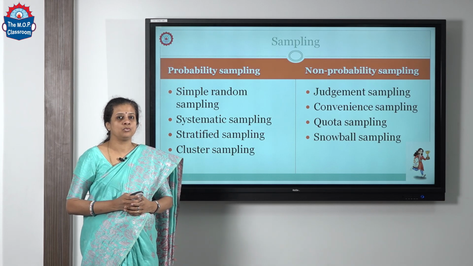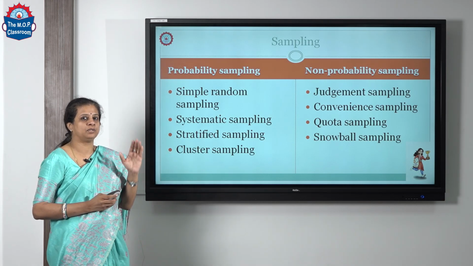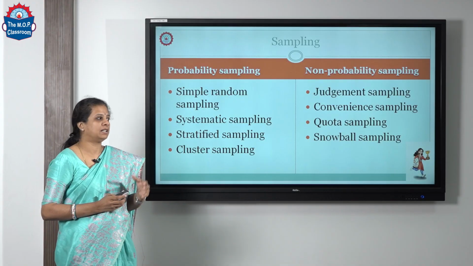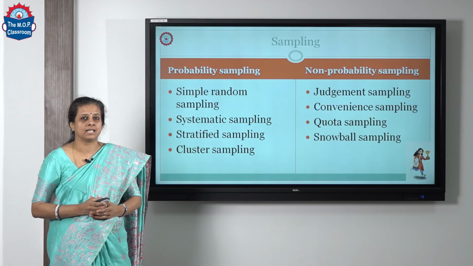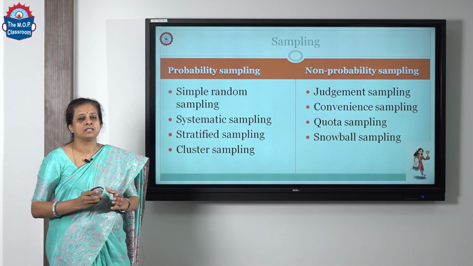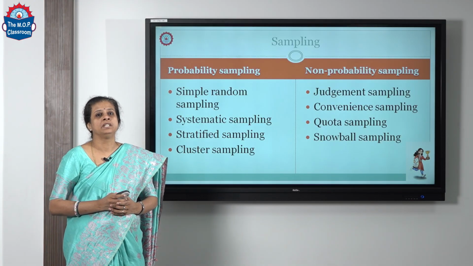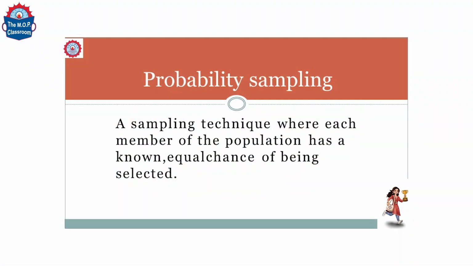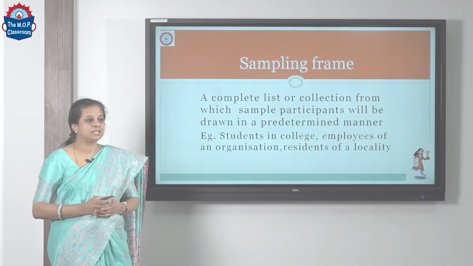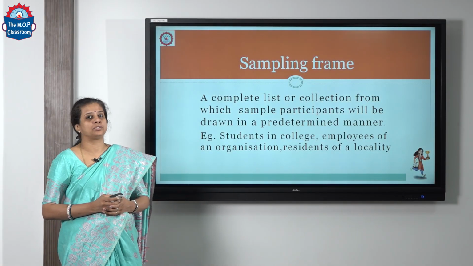In this module, we will talk only about probability sampling, and I thought I would just give you an introduction to non-probability sampling, where there is no equal chance of the items getting selected in the sample. Before we move on to what probability sampling is and the techniques associated, this is one of the crucial things that you ought to know.